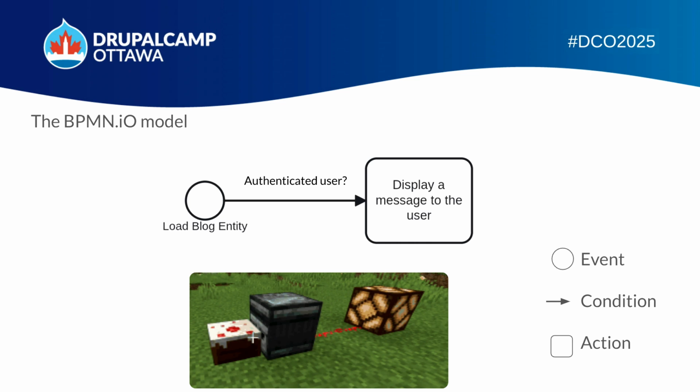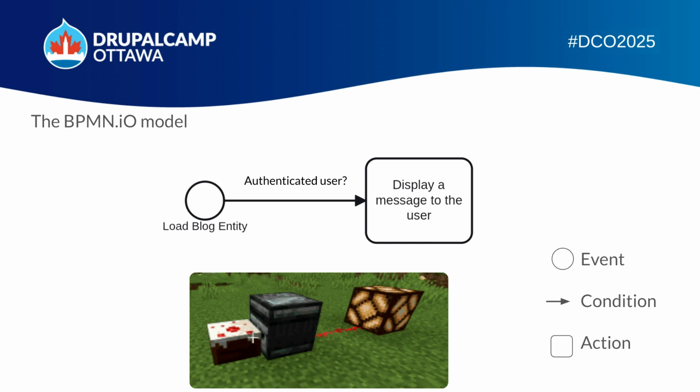Putting it all together, here's a very basic, simple ECA module, and it also has a Minecraft equivalent if you're interested. Say there's an event of when a blog entity is being loaded, and you want to show a message, but you don't want to show the message to everyone, for example if someone's not signed into your site.